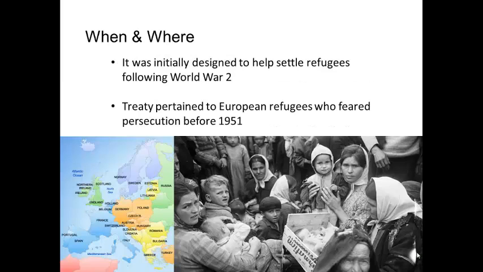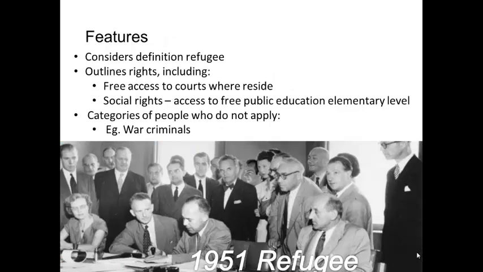The convention was initially designed to help settle refugees following World War II, in particular pertaining to European refugees who feared persecution before 1951. Some of the features, as previously outlined, are that it defines who a refugee is.